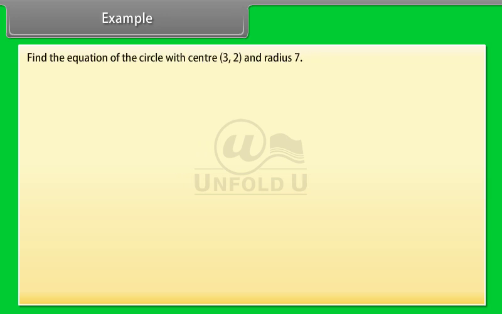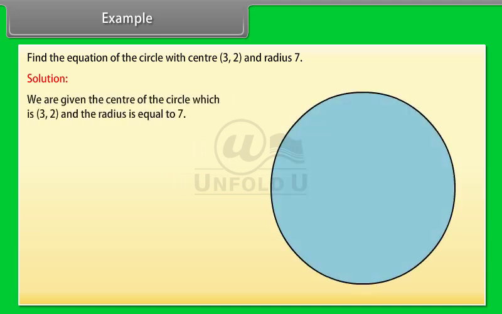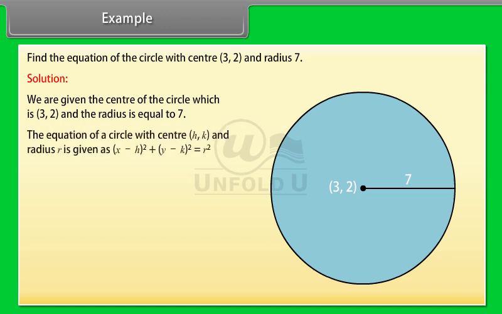Example. Find the equation of the circle with center (3, 2) and radius 7. Solution. We are given the center of the circle, which is (3, 2), and the radius is equal to 7. The equation of a circle with center (h, k) and radius r is given as (x − h)² + (y − k)² = r². Here h and k are 3 and 2, and radius r is equal to 7.